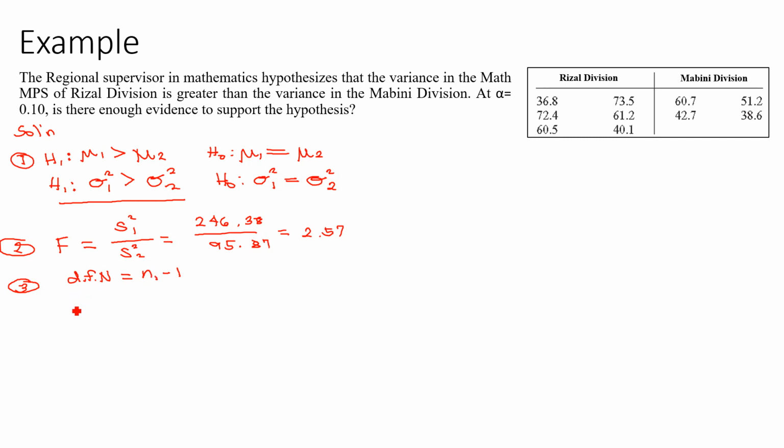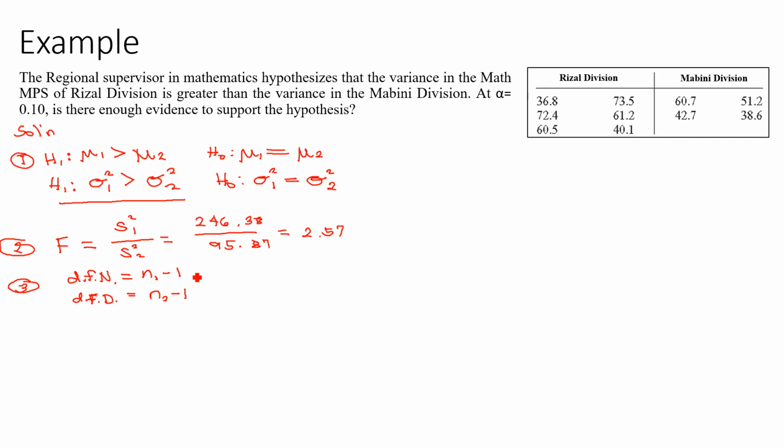And of course, the degrees of freedom in the denominator would be equal to the number of elements in the denominator minus 1.